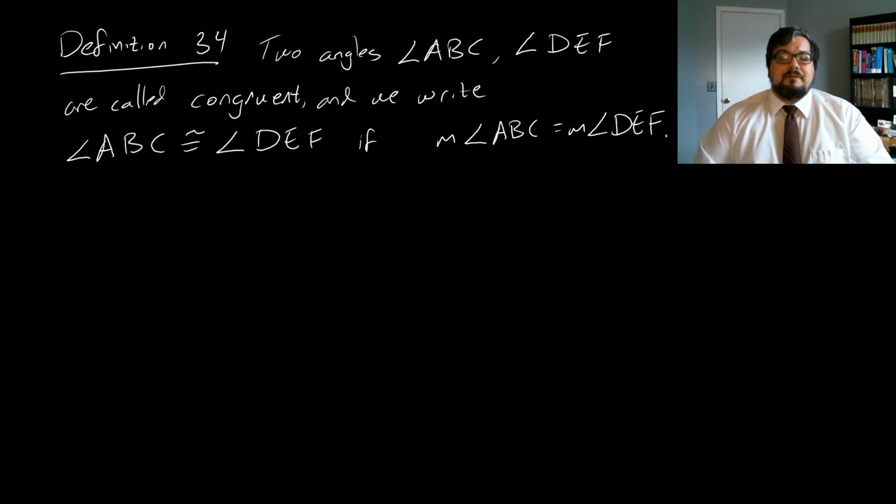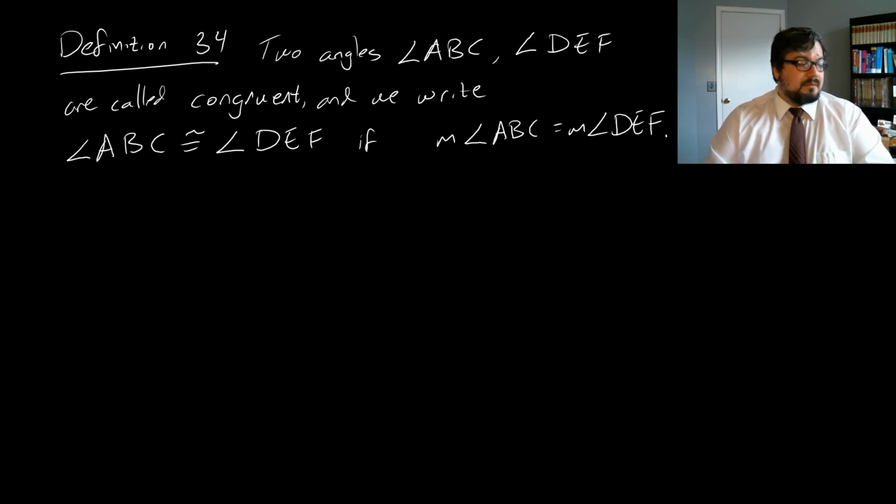So this is very similar to how we define congruence of segments. We basically co-opted equality of real numbers to define congruence of angles. And you can use this to prove that congruence of angles is an equivalence relation, it's reflexive, it's symmetric, it's transitive, using the fact that equality of numbers is reflexive, symmetric, and transitive. So this is just how we're going to define congruence of angles.